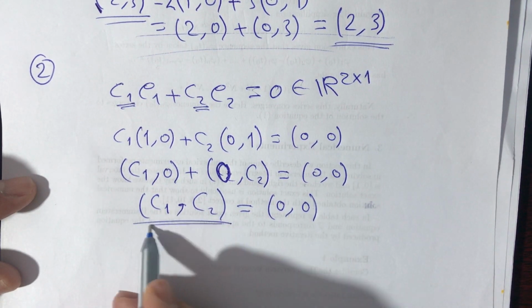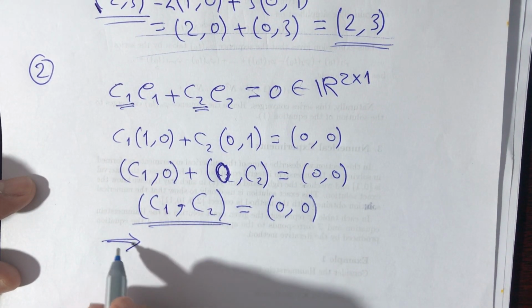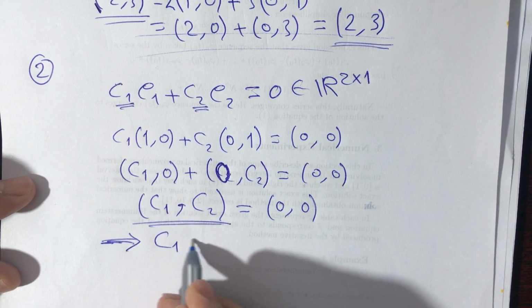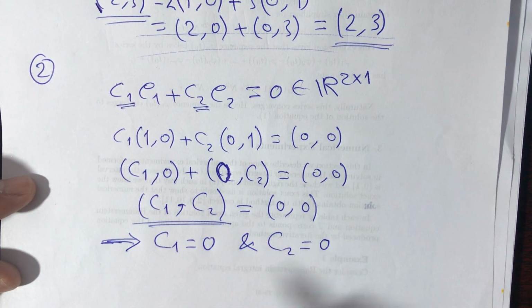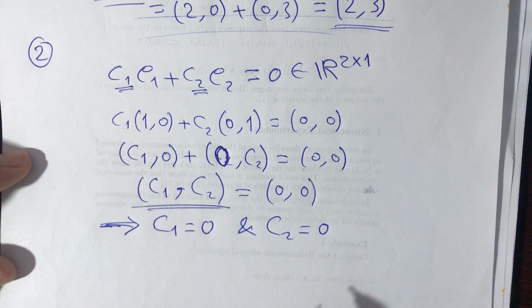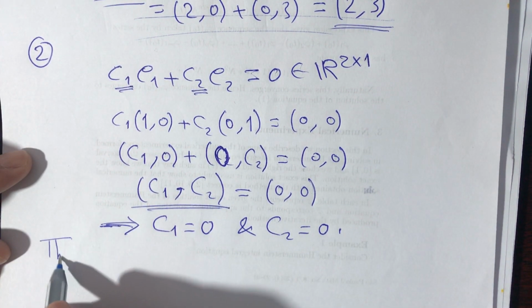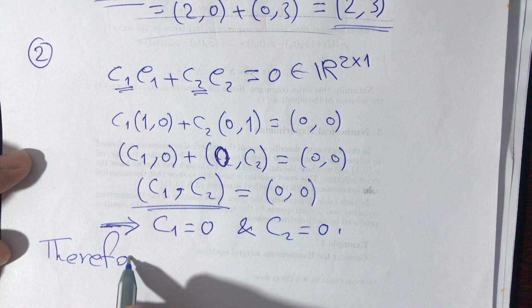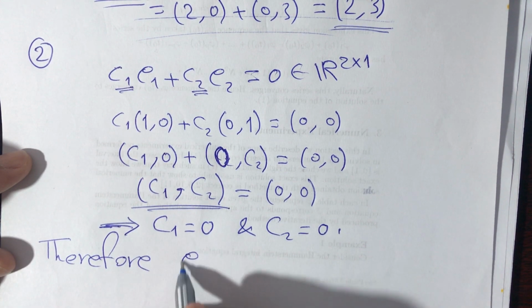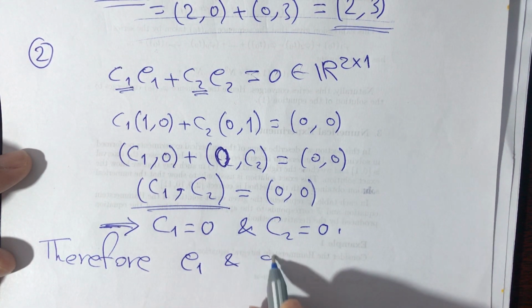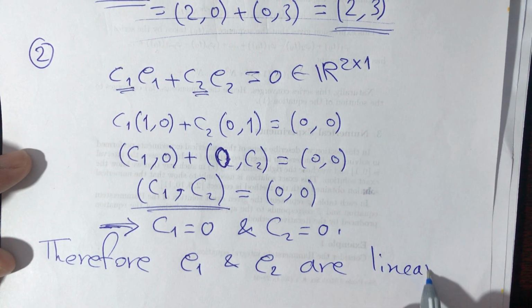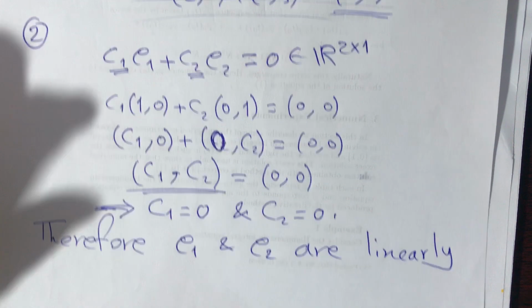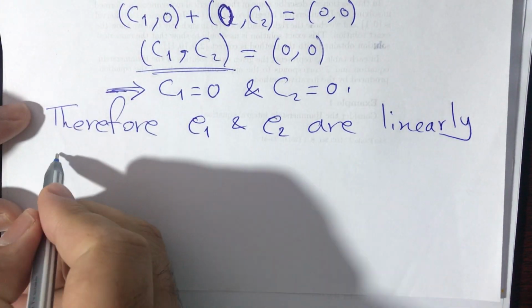From this equality we get that C1 is equal to 0 and C2 also is equal to 0. Therefore E1 and E2 are linearly independent.